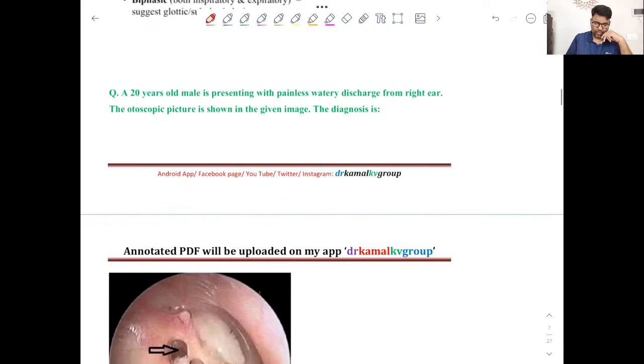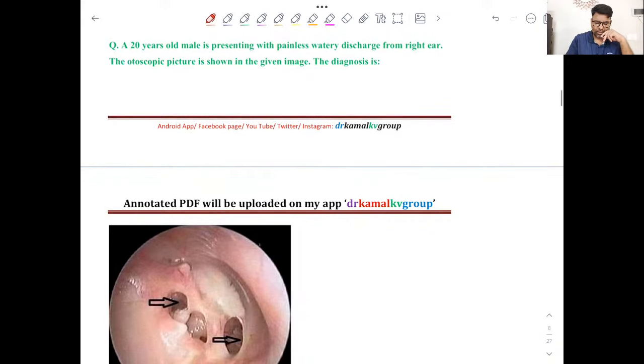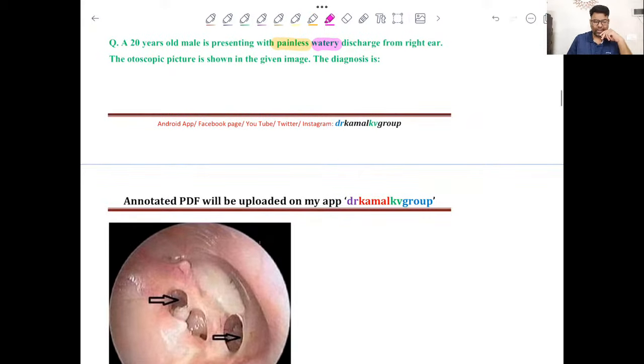Now next question: a young male presented with painless watery discharge from the ear, and the otoscopic picture is given. Any idea what this is? If you look at the otoscopic image of the tympanic membrane, you can see one perforation here, a second perforation here, and a third perforation here.